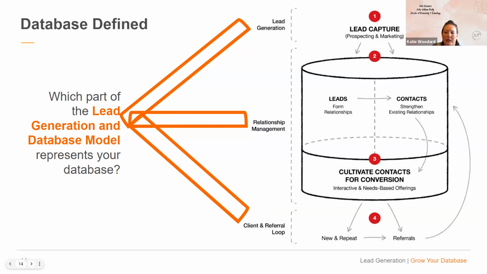Contact is where you're strengthening the relationship. You're going from that one-way communication to two-way responses, cultivating the conversations, being interactive, offering things that are needs-based. And then you have new business, repeat business, and referrals.